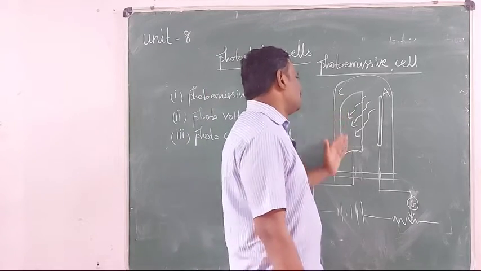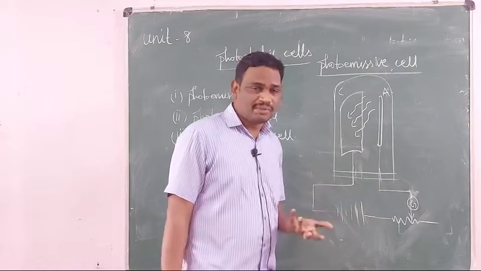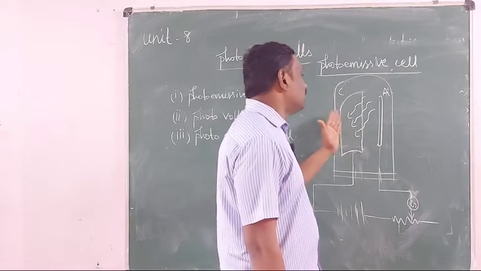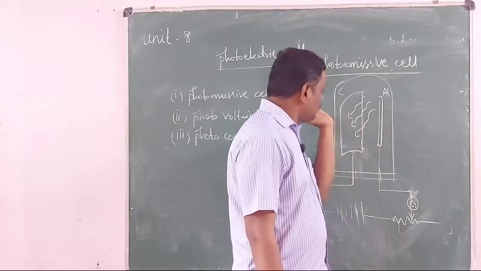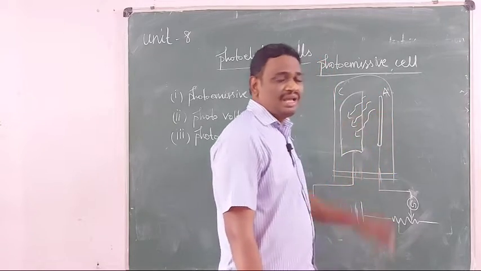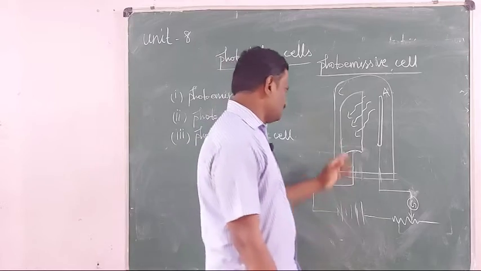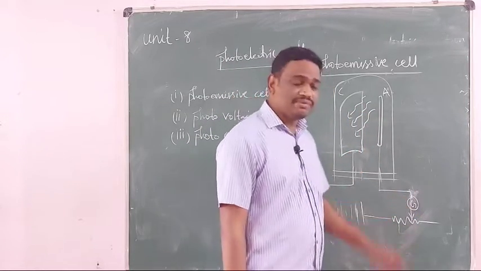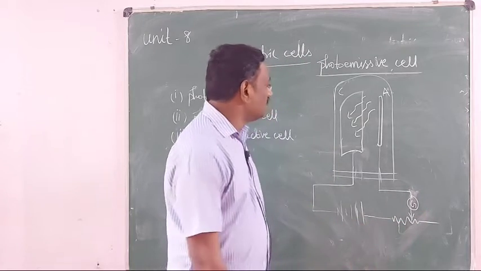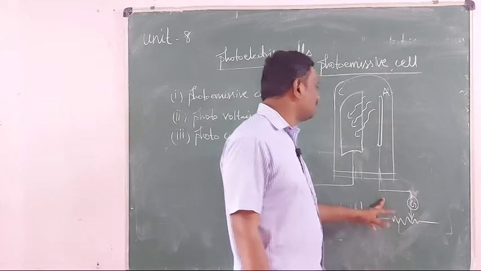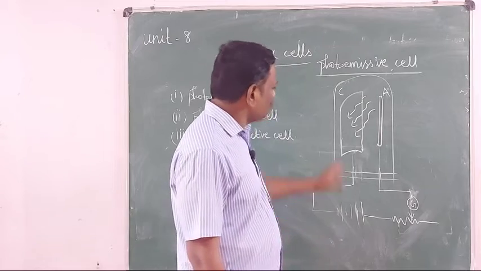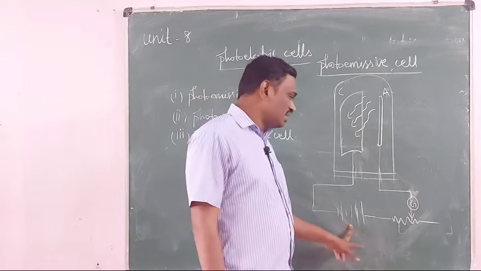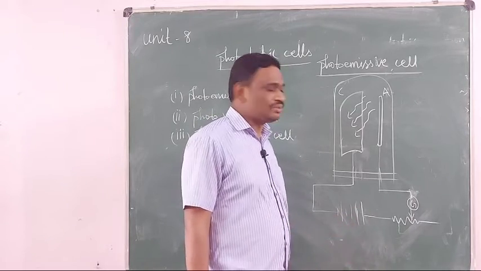The emitted electrons are attracted by the anode, and due to the flow of these photoelectrons, a current flows in the circuit, which we can determine using the galvanometer. Here the photoelectric current depends on the intensity of incident radiation, and on the potential difference between the two electrodes.